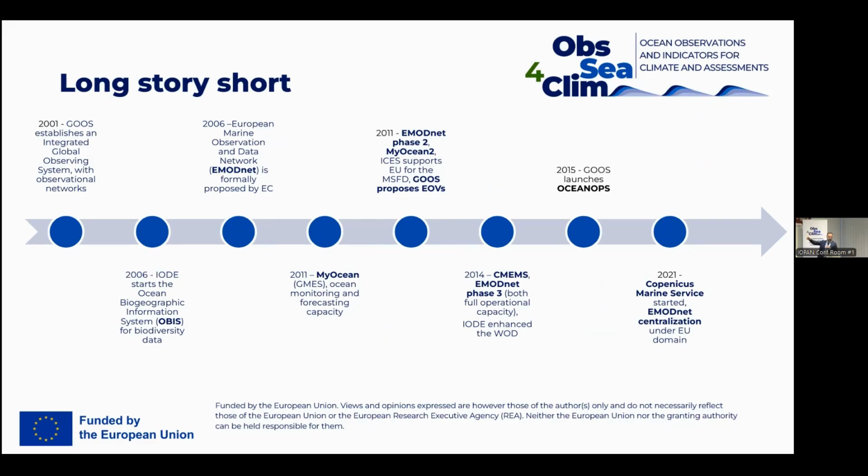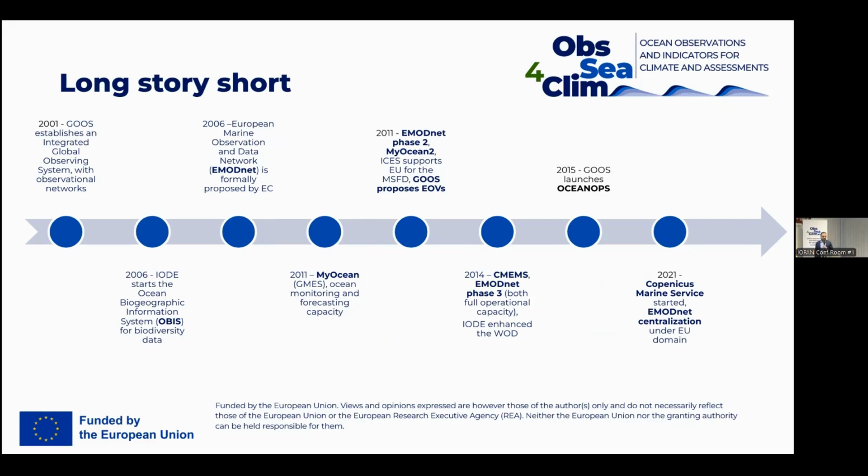In 2001, GOOS established the Integrated Global Observing System, and a couple of years later, we have the start of international programs like Argo that really changed the way we can access data, because since then we have quite a lot of in situ data, especially in open water.